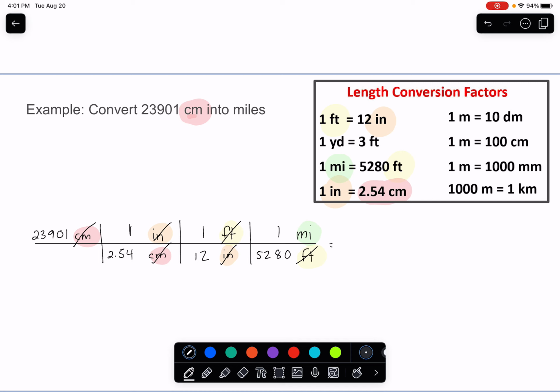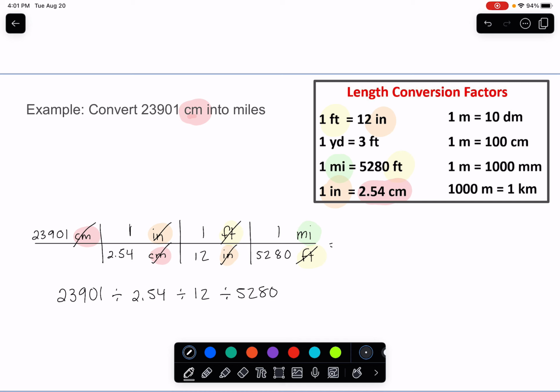So to plug this in my calculator, it'll be 23,901 divided by 2.54 divided by 12, and then divided by 5,280. This one will be division all the way across because all of the non-1 numbers are in the bottom.